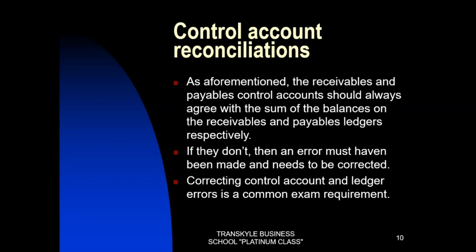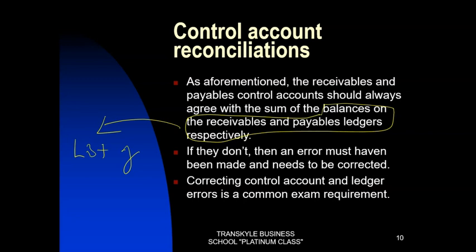If the receivables and payables control accounts do not agree with the list of balances, these balances here, which I've already told you are also called the list of balances, so if the GL balance does not agree with the list of balances, then there is a problem.